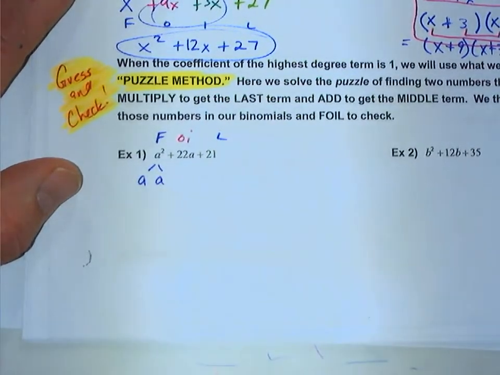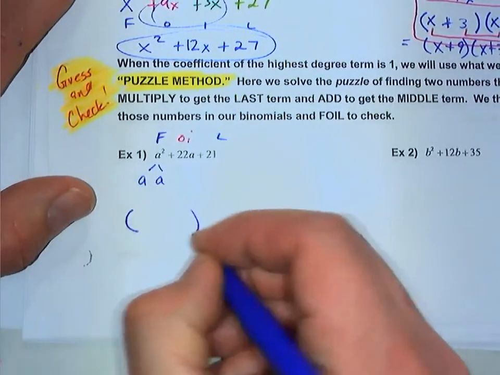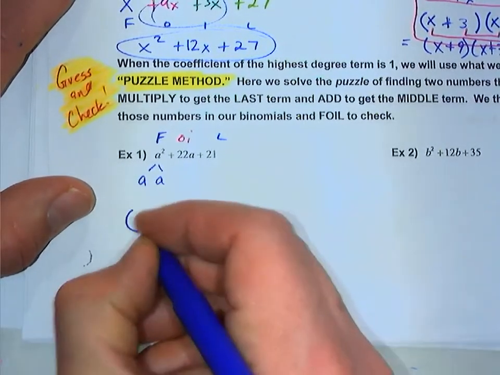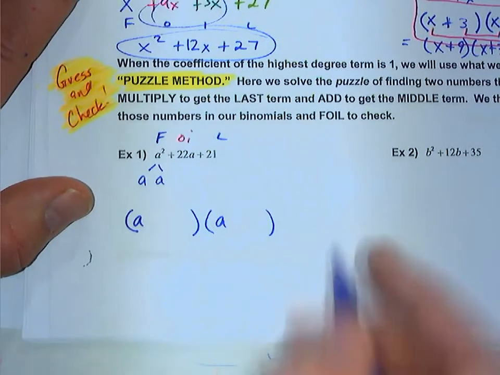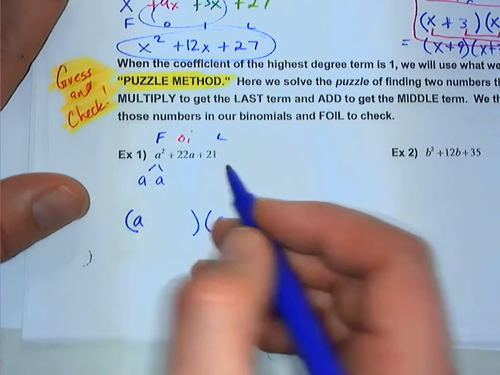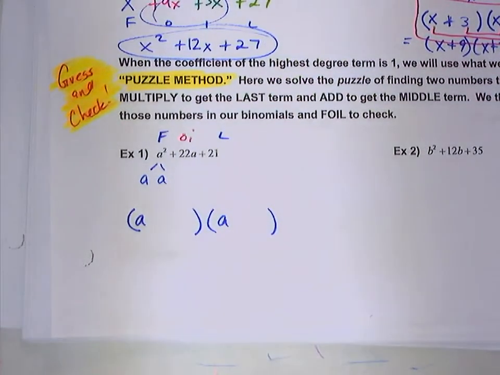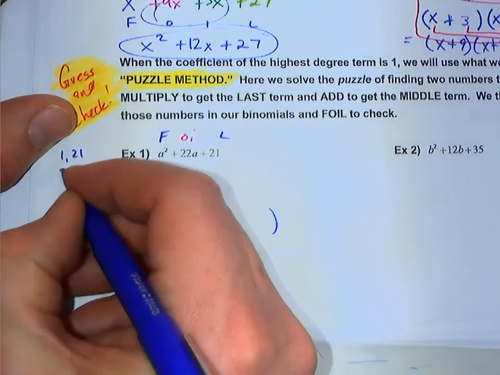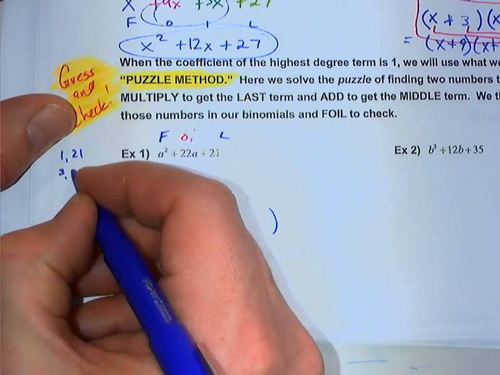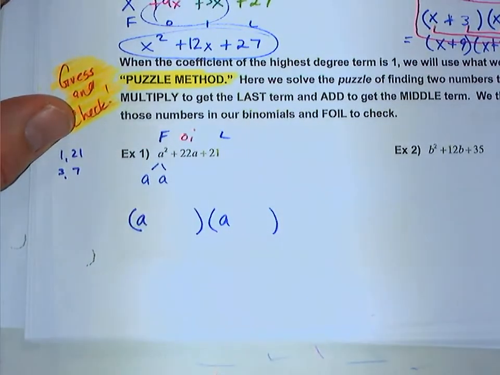I know they look like 9s. I'm doing my best and forgetting the rest. So I get A and A go in the first spots. Now I do 21. If you need to, right off to the side, what factors of 21? 1 and 21, 3 and 7, right?